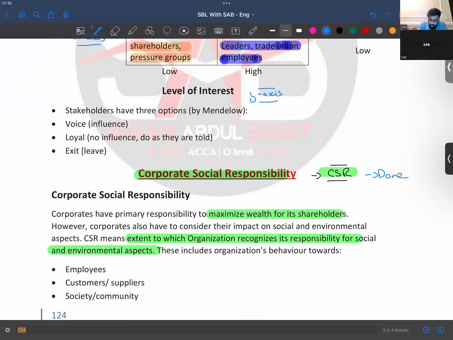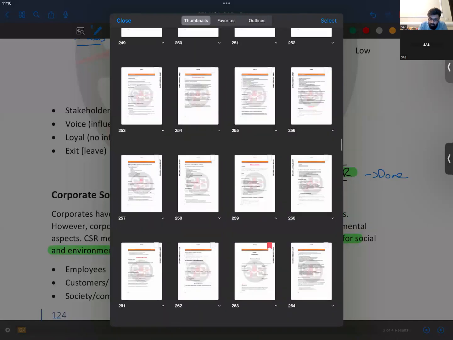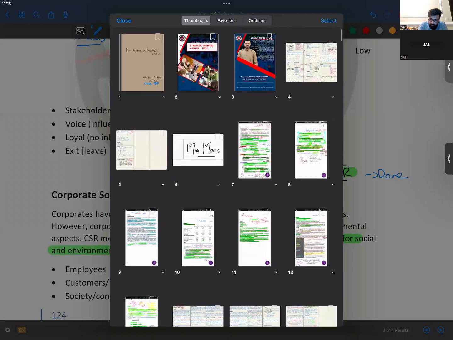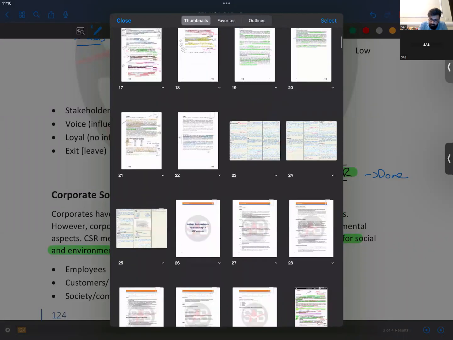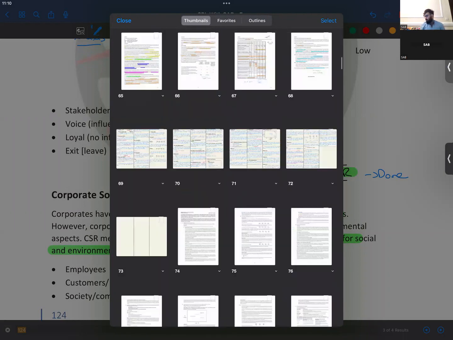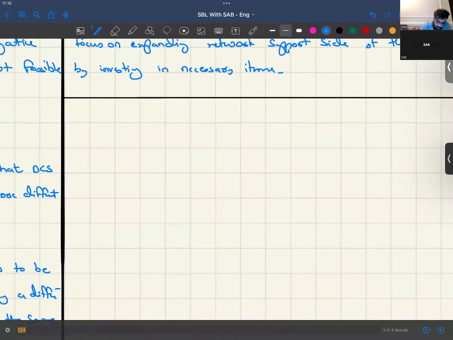Now, let's go and attempt the question. So it's 3A, the requirement name, stakeholder.